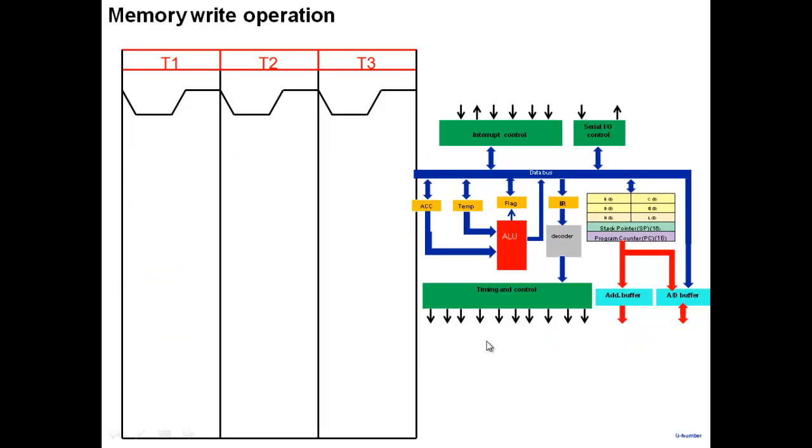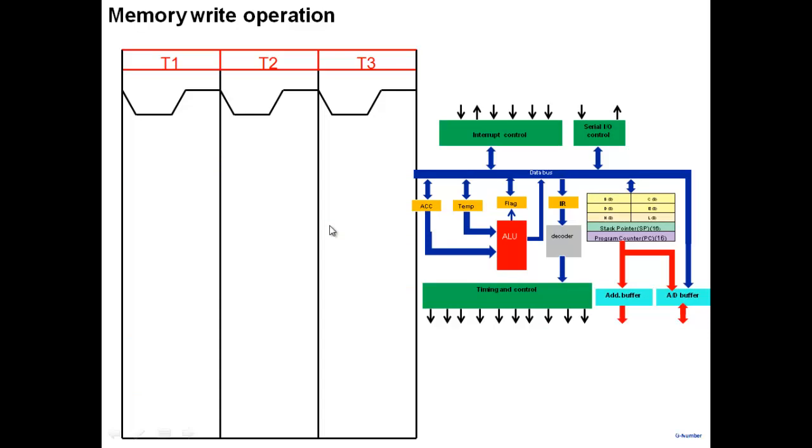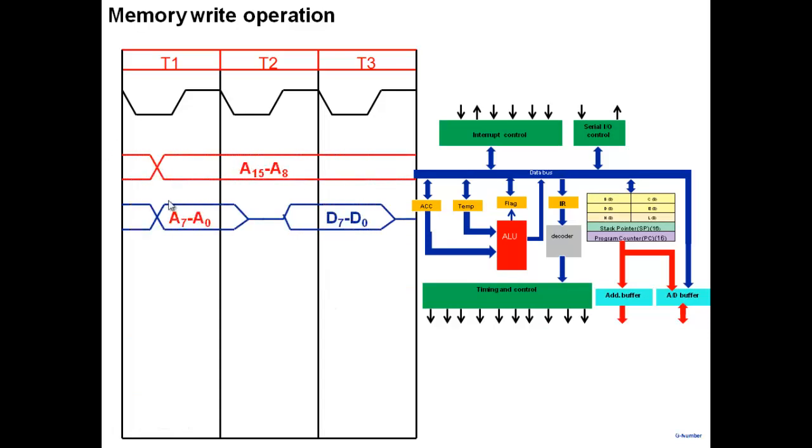Write operation is also very similar. Again, these are the same things: placing an address here, placing both the lower and the upper bytes of the address here. Then address latch enable will latch it here.